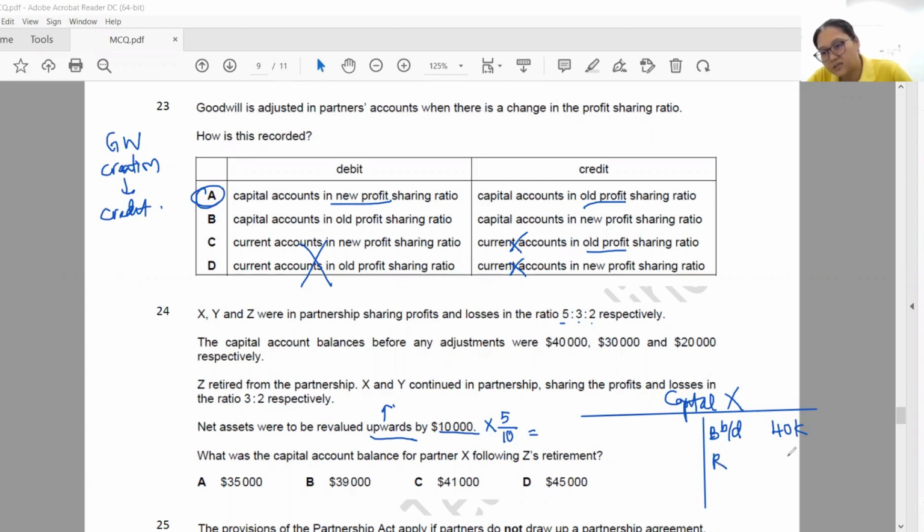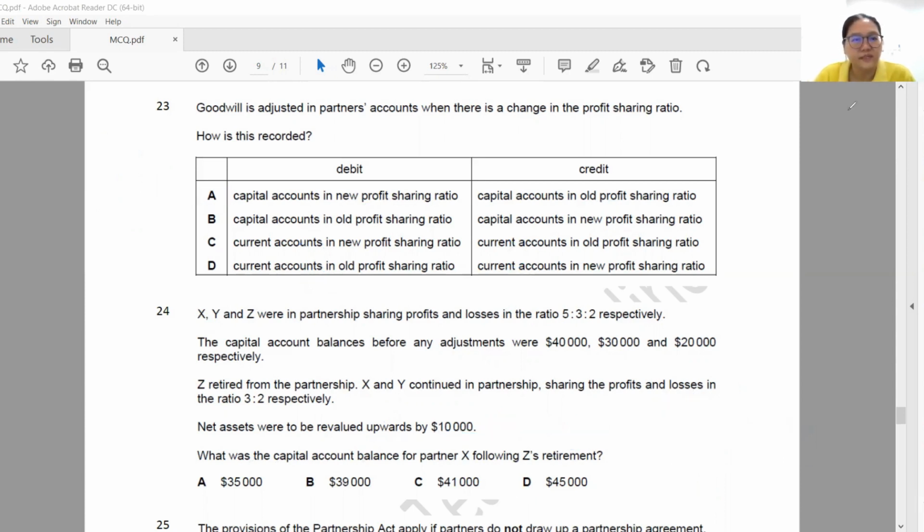The revaluation is 5,000. There is no other entry for it. Therefore, the new balance for X will be 45,000. Okay, next.